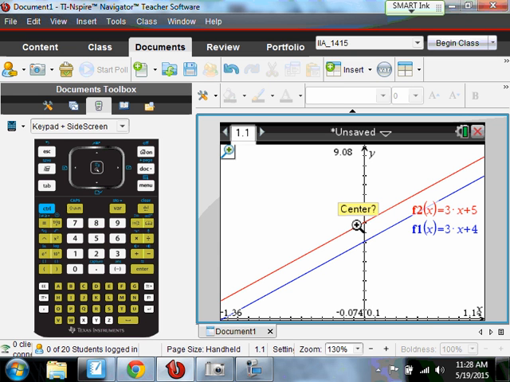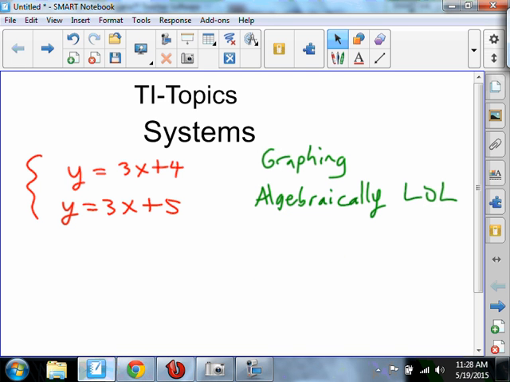Well, if we know anything at all about lines, in geometry, when you study parallel and perpendicular lines, you know that parallel lines have the same slope, and they, by definition, don't intersect or don't meet. So if we had a system such as this, we would say that this is no solution.